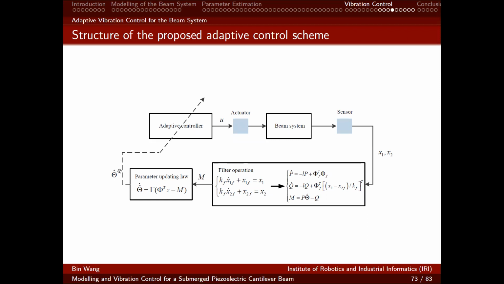After we have the parameters, we can use the adaptive controller to generate the control output. And then we use the actuator, the piezo patch, to suppress the vibration of the beam system.